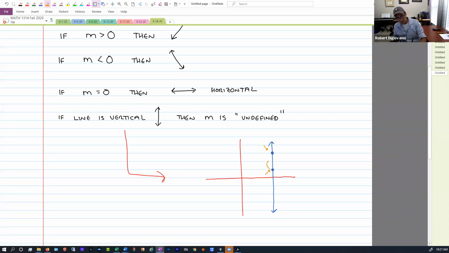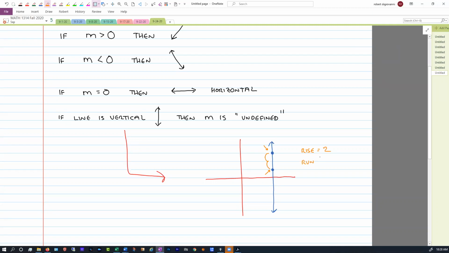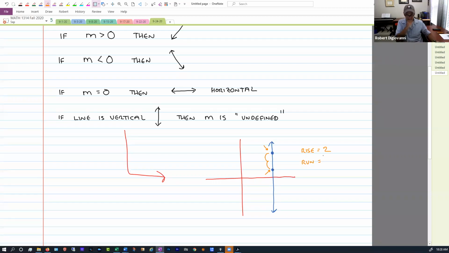What would my rise be to get there? How much did I jump up by? 2. 2, okay. And what would my run be? So what would my movement left and right be?